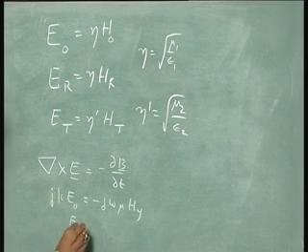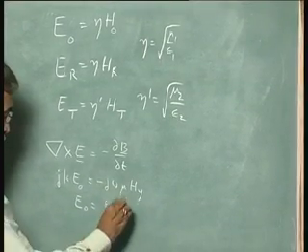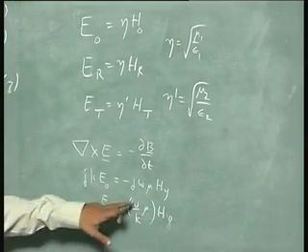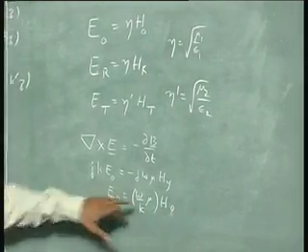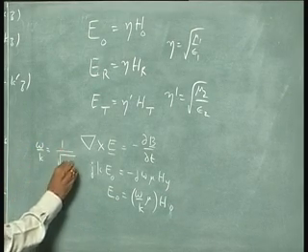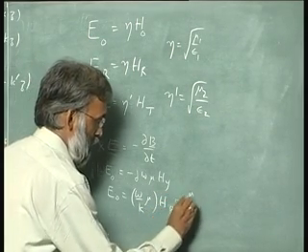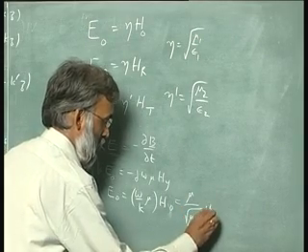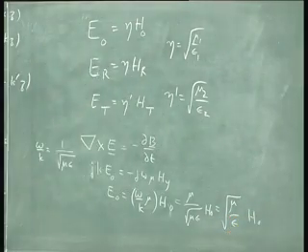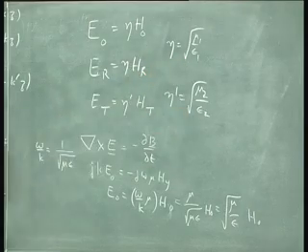So, that gives me E naught is equal to, the sign is not important, omega over k times mu times H y or H naught. Omega over k is the velocity. So, omega over k is equal to 1 over square root of mu epsilon. So, it is equal to mu over square root of mu epsilon times H naught, which is equal to square root of mu over epsilon times H naught. So, that is where these factors come in, and these factors are called impedance.